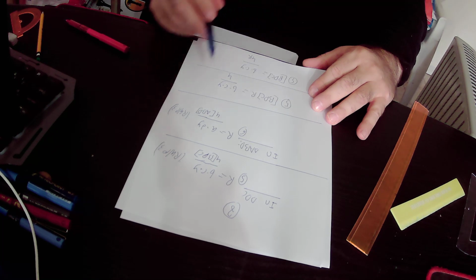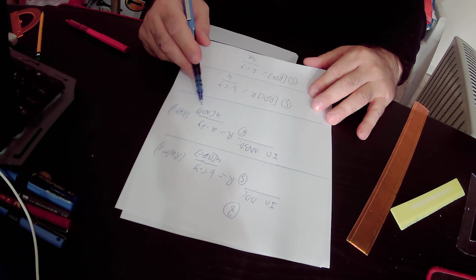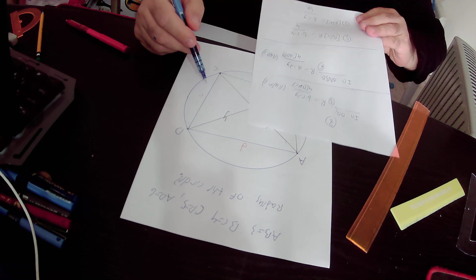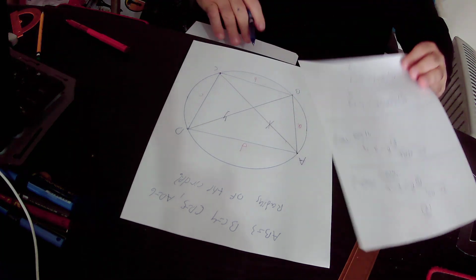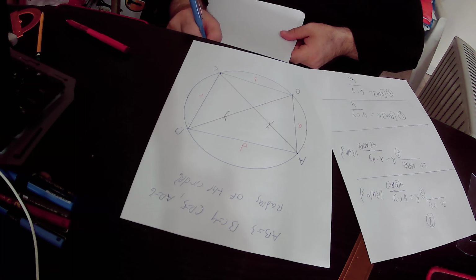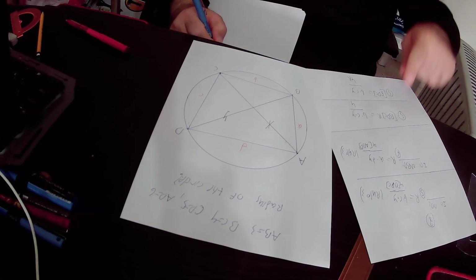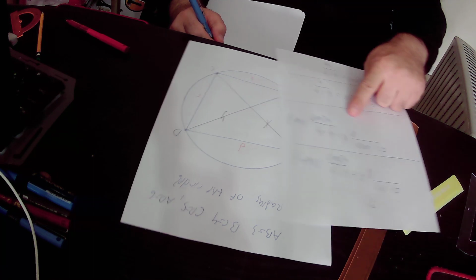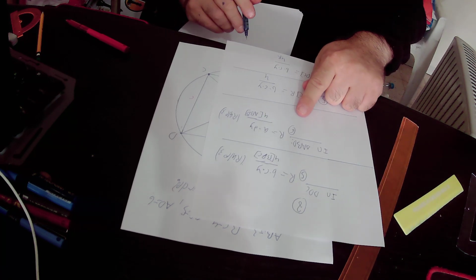In the same way, we'll find the area of triangle ABD, which is inscribed by this circle. So for equation number 6, we will multiply equation number 6 by the area of triangle ABD.